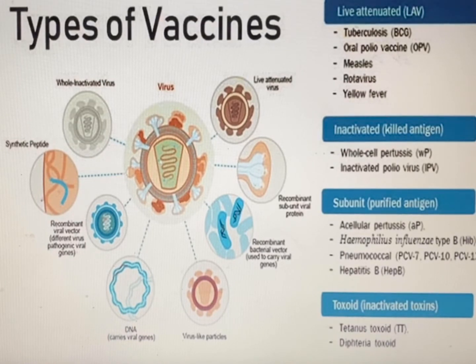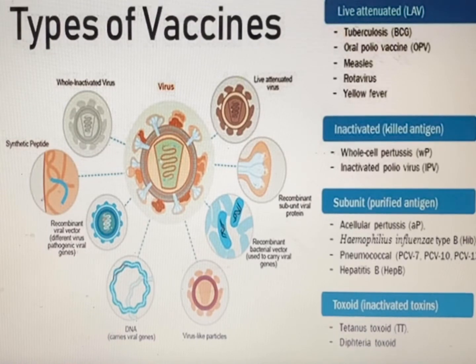What are toxoid or inactivated toxin vaccines? Toxoid vaccines are made from inactivated toxic substances which cause illness, rather than the microorganisms. The toxoid vaccines include tetanus, diphtheria, and so on.